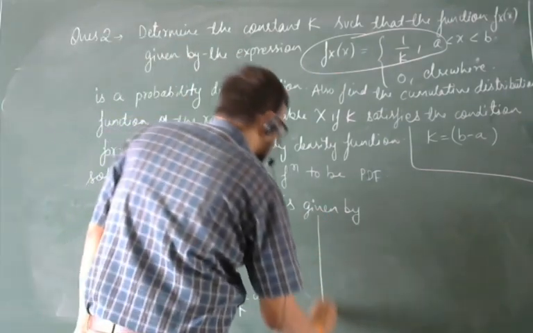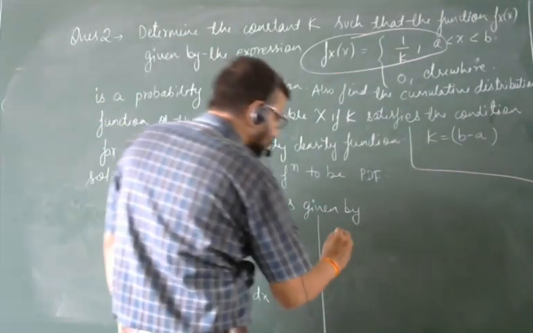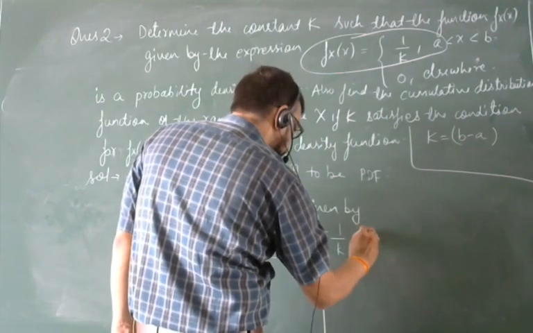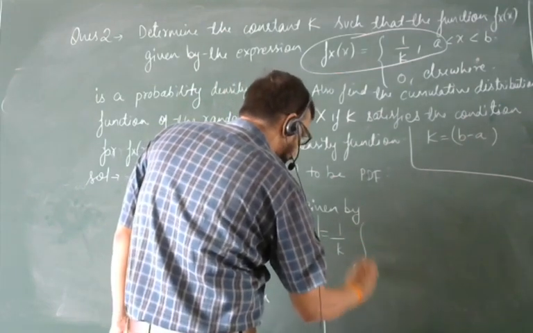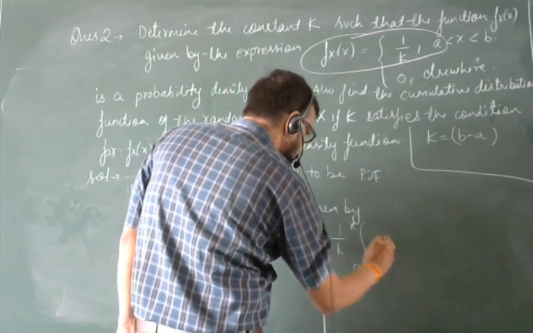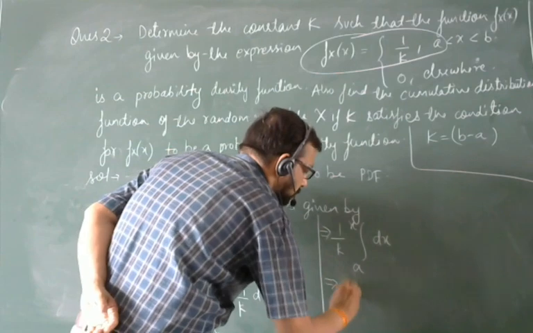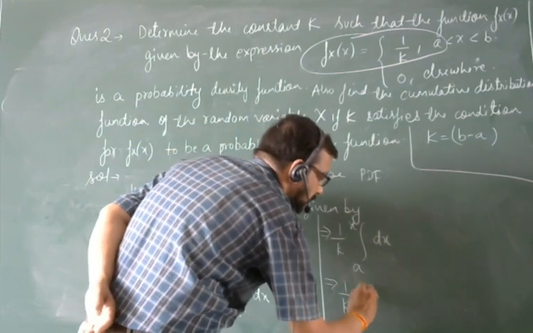Okay, after that 1 upon k is constant, and here integral from a to x of dx is equal to 1 upon k.